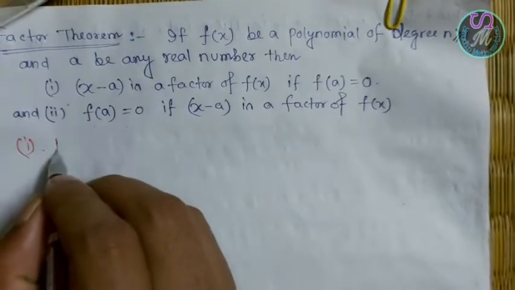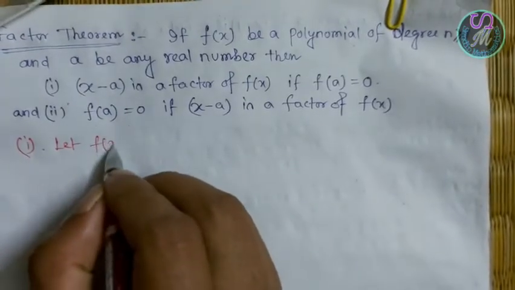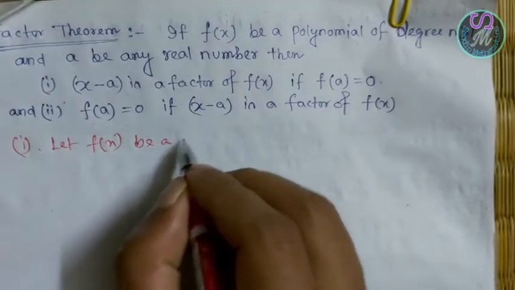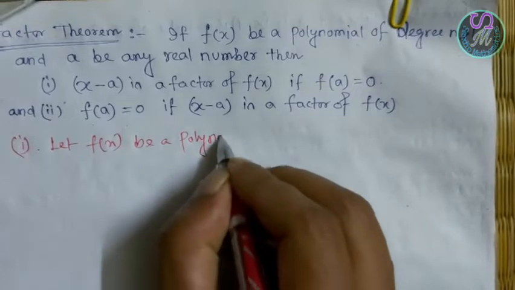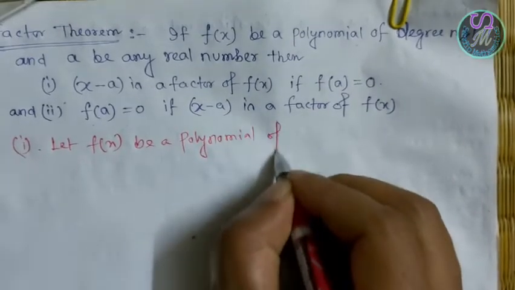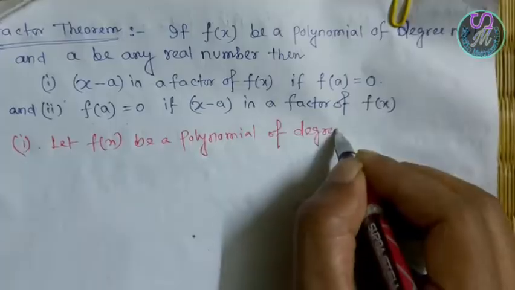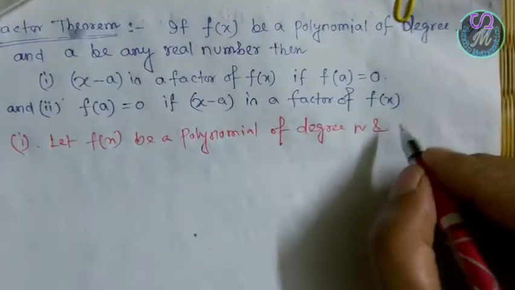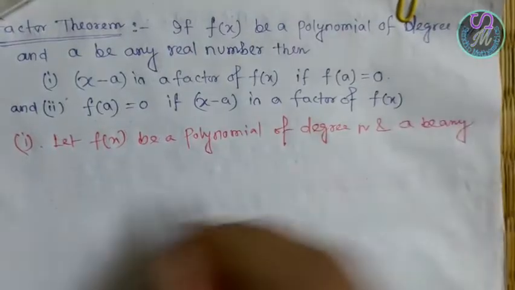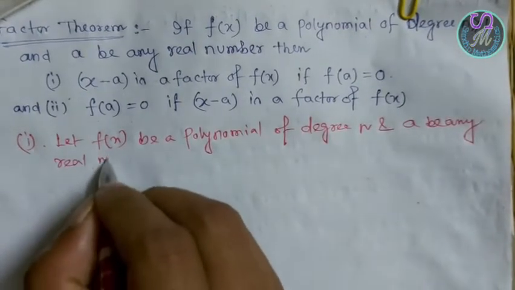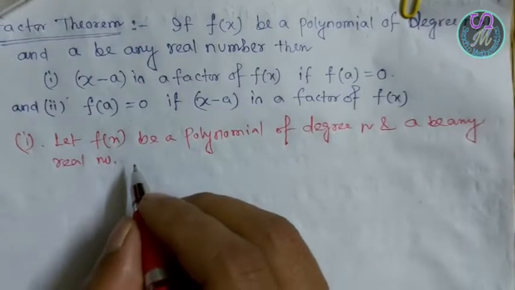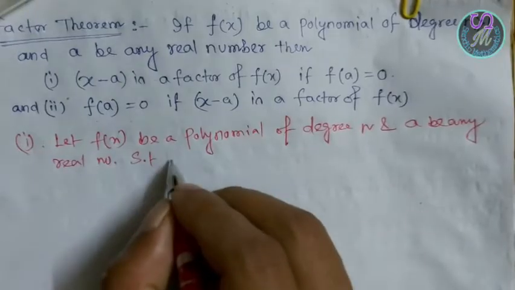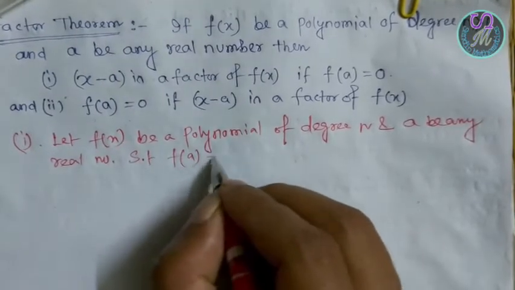So suppose f(x) is a polynomial of degree n, and here a is any real number, such that f(a) is equal to 0.